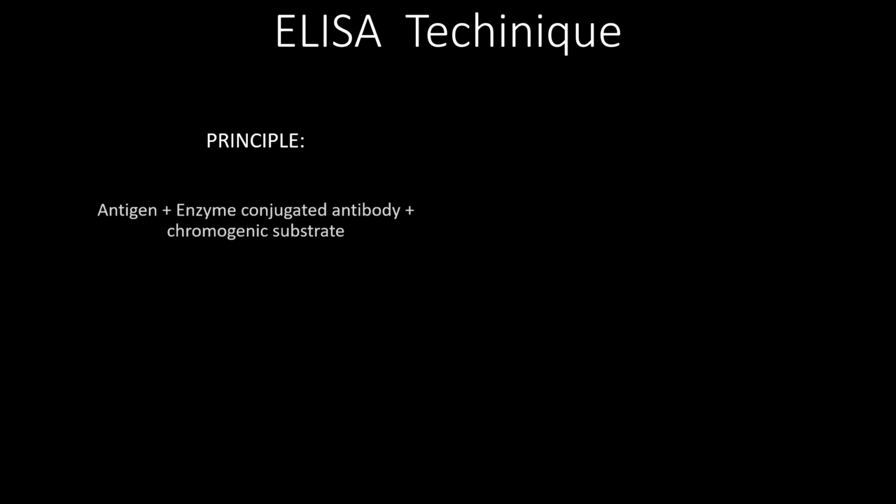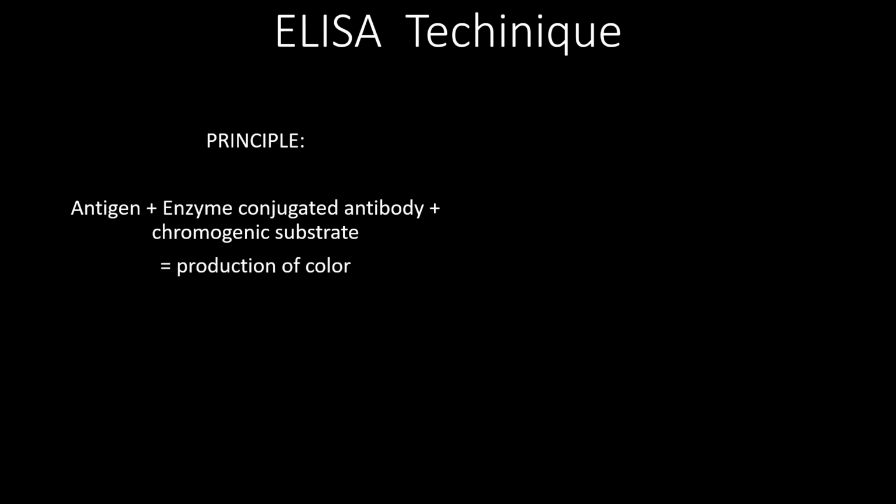The ELISA technique is based on the antigen-antibody interaction, where an antigen is bound to an enzyme-conjugated antibody, and a chromogenic substrate binds specifically to the enzyme conjugated to the antibody, resulting in the formation of a colored product.